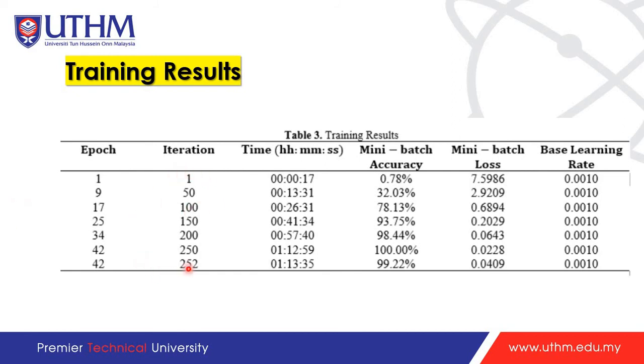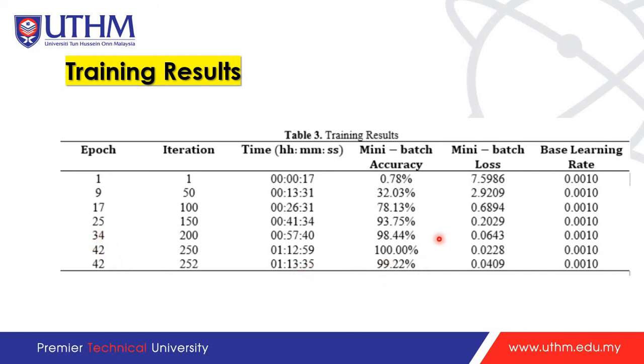While an iteration is actually one step to minimize the loss function using the mini batch size. So each epoch may have many iterations. So in this case, in the training result, we see that at epoch 9, we have a total of 50 iterations. And it took this system 1 hour, 50 minutes, 5 seconds to get this result.